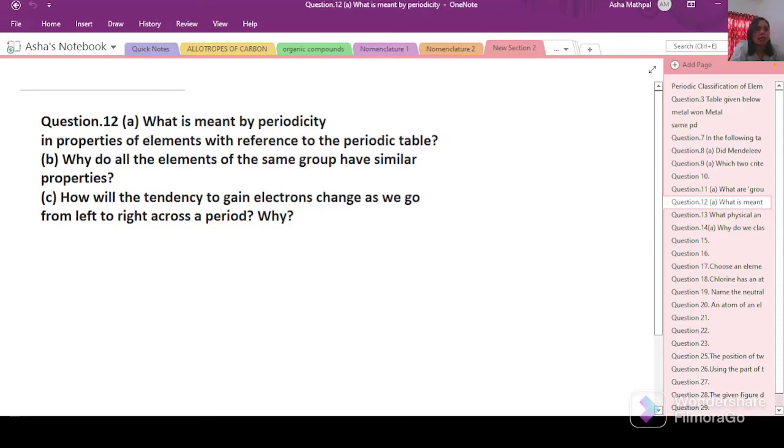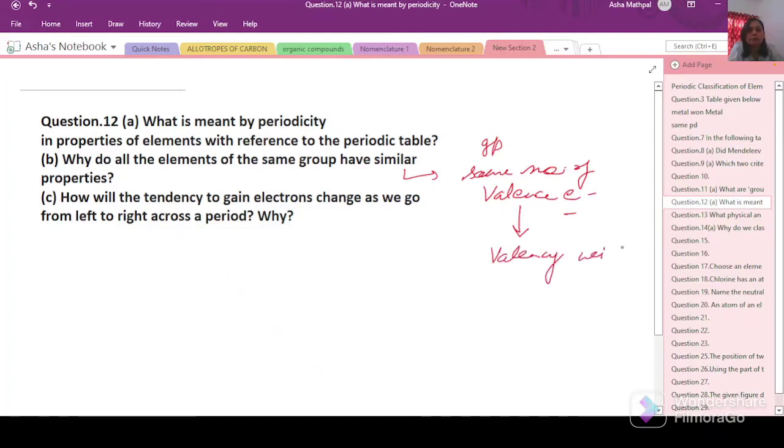Then why do all elements of the same group have similar properties? If they are in the same group, it means they have the same number of valence electrons. If they have the same valence electrons, valency will be the same.